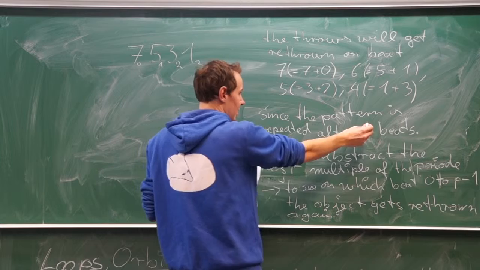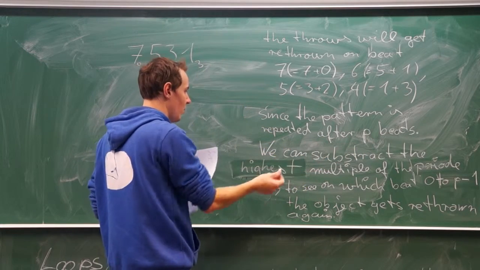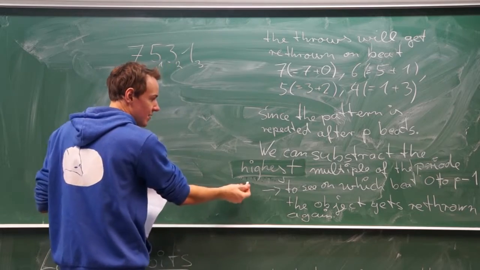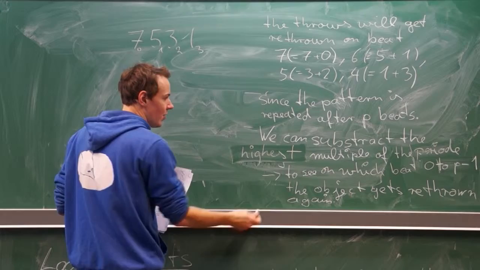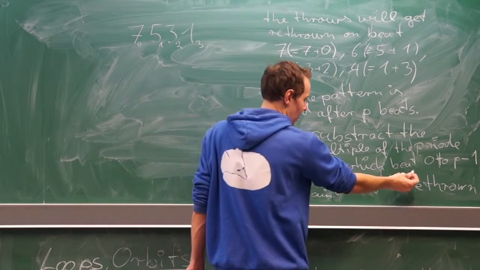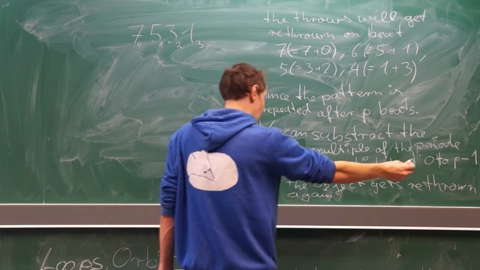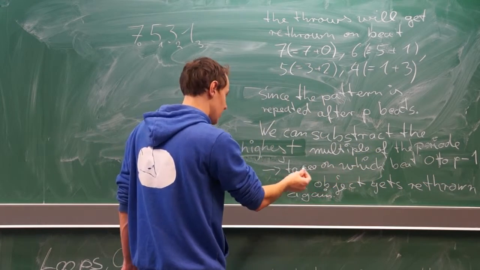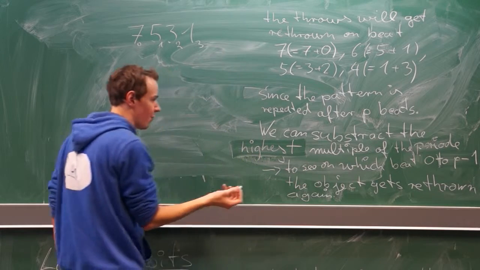Since patterns are repeated after the period, we can subtract the highest multiple of the period, so that the beat will only be from 0 to p minus 1, to see on which beat the object is landing, or gets rethrown again.